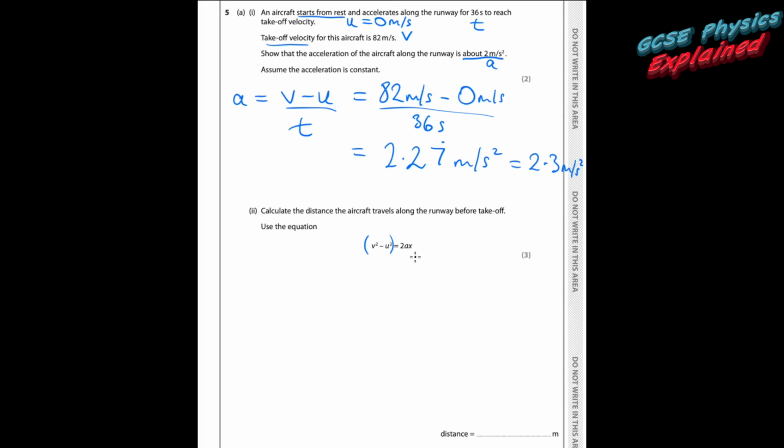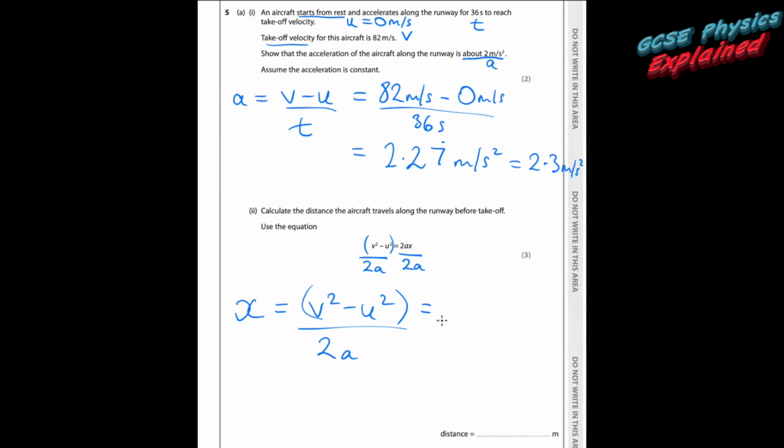We need to get x by itself, so if we divide both sides by 2a, that'll cancel out the 2a on this side and just leave x. So x will equal v squared minus u squared divided by 2a.